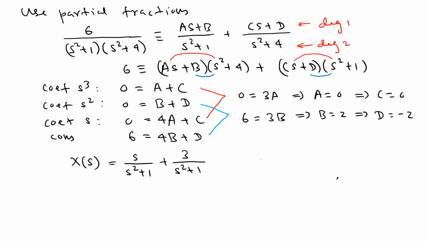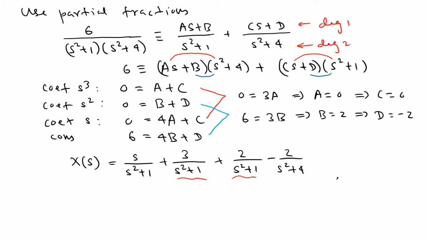Now for the rest of the terms, we got b equal 2 and d equal -2. If you plug that in, it's going to be 2 over s squared plus 1 minus 2 over s squared plus 4. You can see there is some slight simplification going on here. You can combine these two terms, and if you combine them, you're going to get 5.